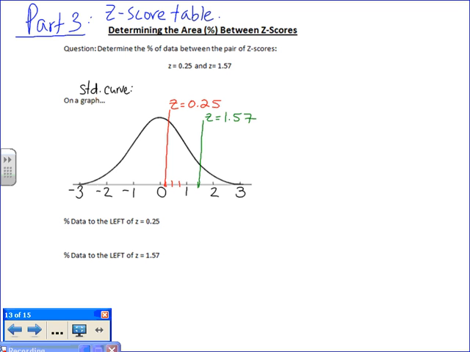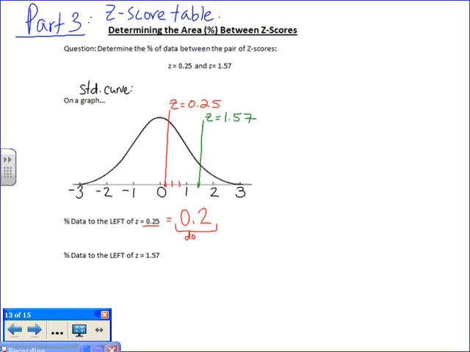Then I could use my z-score table to figure out what percentage of the data is to the left of each z-score. Let's figure out the percentage to the left of the first z-score, z is equal to 0.25. Remember how we look that up on our table? We look up the first 2 digits, the 0.2.